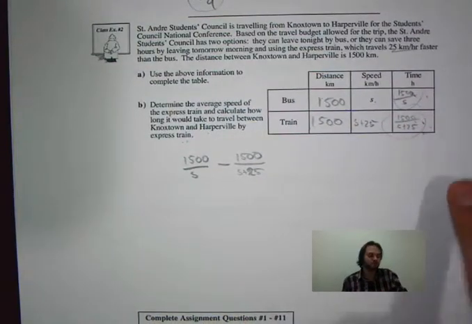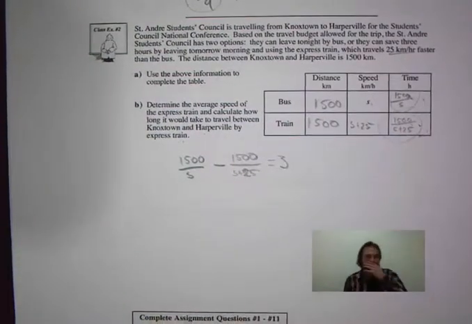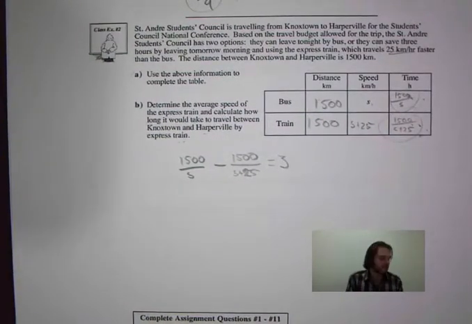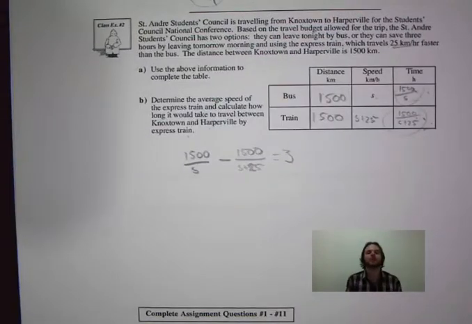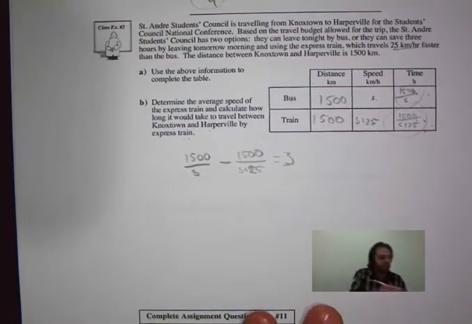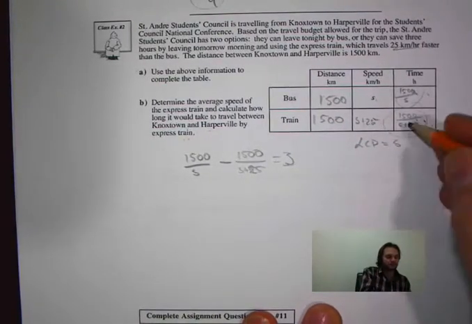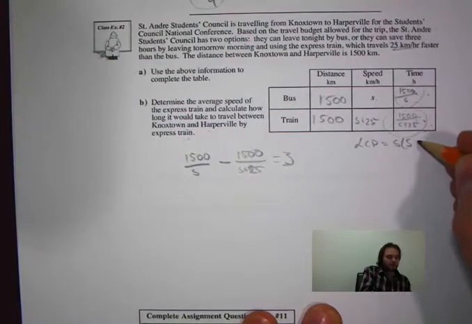So then this minus that gives us 3 hours. Okay? So now, looking at this one, we have different denominators, right? So my lowest common denominator is equal to S times S plus 25. Okay?